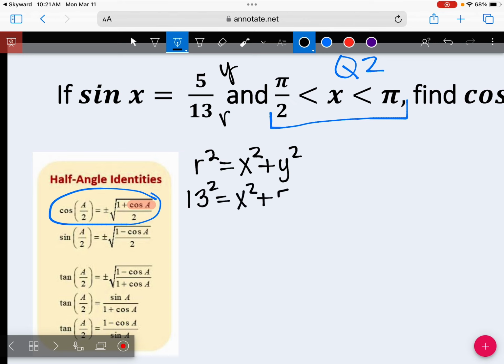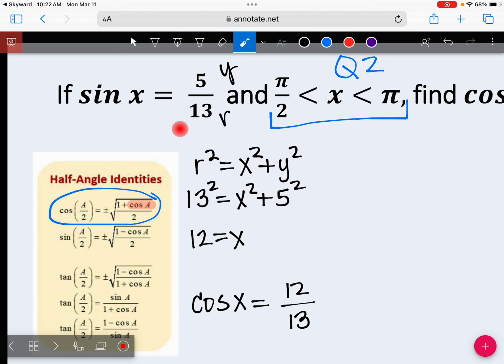You may recognize that x has to be 12, but when you do the math, you do end up with 12. X is 12. So that means that the cosine of x is 12 over 13. Now, we're in quadrant 2, though, and in quadrant 2, yes, sine is positive, but cosine is negative, so we need to put a negative there.